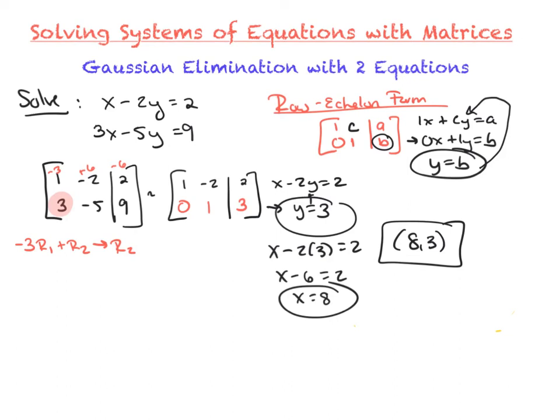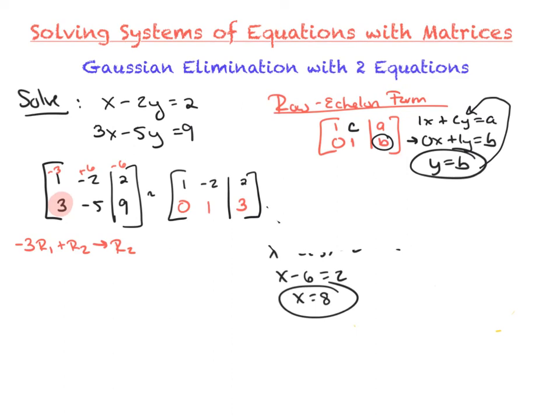So just so you have as many examples as possible of Gaussian elimination, I'm going to pretend that I don't know the answer is x equals 8 and y equals 3, just for a little bit more practice. So let's say we're going to keep going, getting a 0 where the -2 is. So we'll continue, get it into reduced row echelon form.